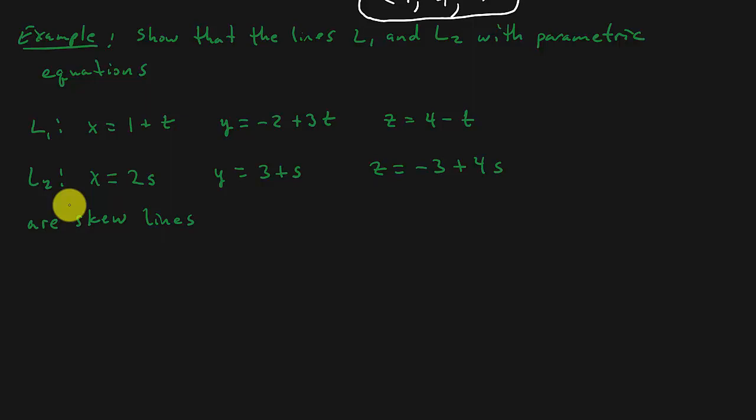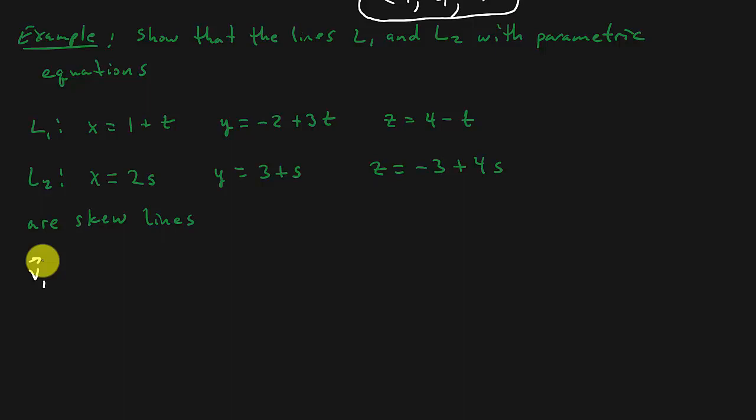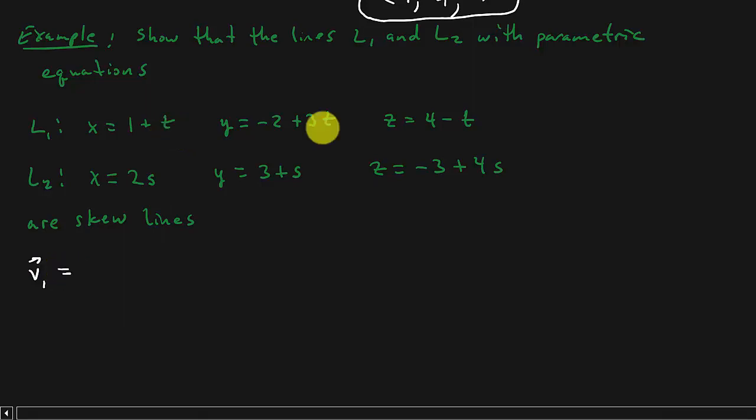All right, so what's my direction vector? Remember, that's like your vector v1. Since we got two lines, we'll call this one v1. Remember, that's your a, b, c. So that's vector 1, 3, -1, and v2, the direction vector for this one, is the vector 2, 1, 4.